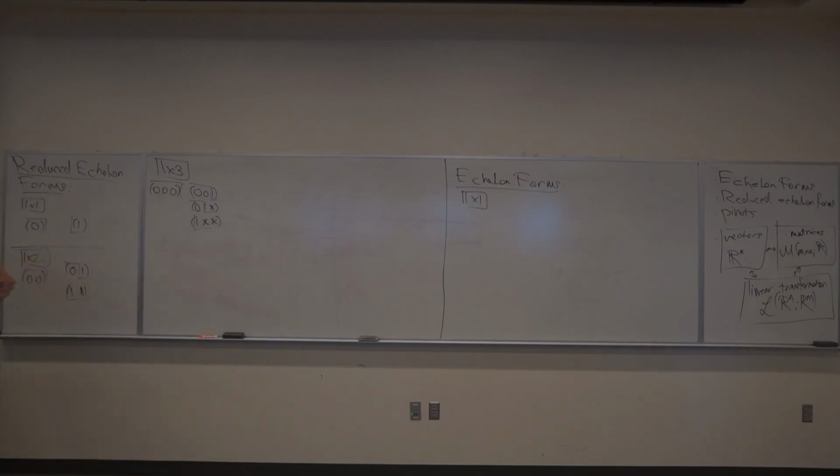So if I start with a 1 by 1 matrix, this is kind of bizarre to say, but 1 by 1 matrices are nothing but arrays that contain only one number. There are two possible reduced echelons. Either it's 0 or it is 1. Imagine a 1 by 1 matrix. It has only one number.